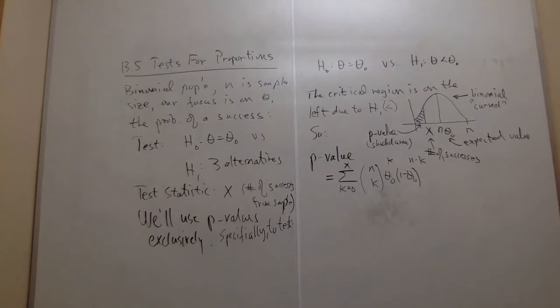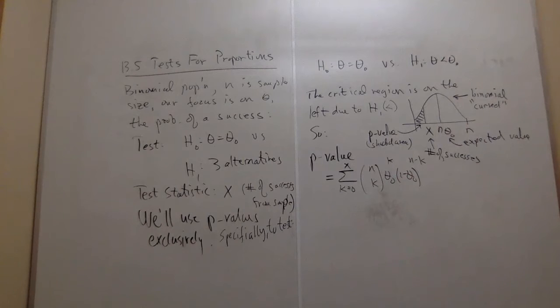So not too many years ago, if n was very large, calculating the probability of a given X to find a p-value was difficult. And so people found ways to make it simpler. We'll talk about that a little bit later. But for now, we're just going to use p-values. I have the details over here on the right, and then we'll work an example or two.